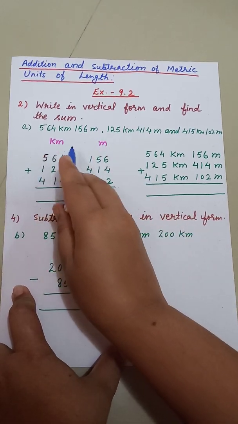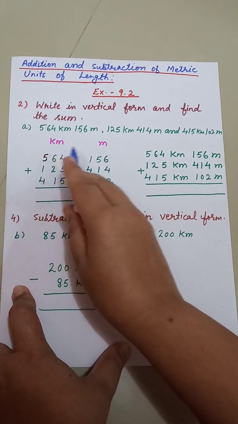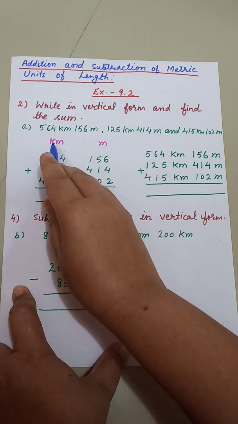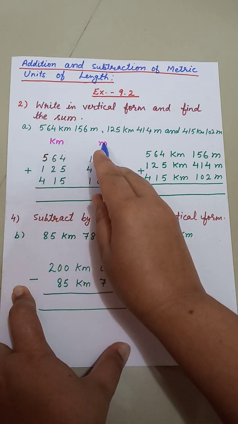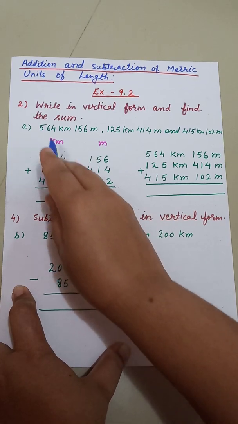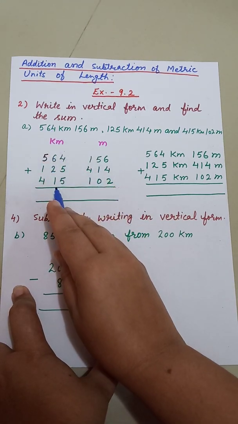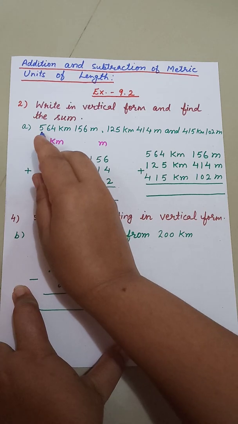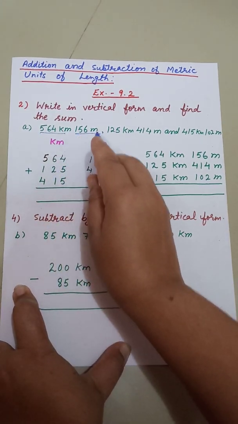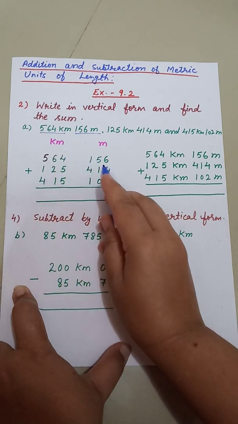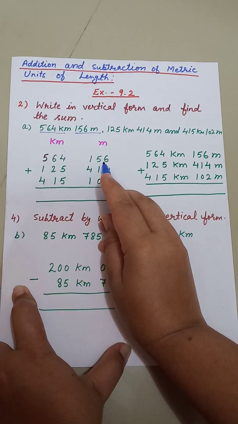See, I have arranged this question in two ways. First of all, I have written the units here, kilometer and meter. Then I have arranged these numbers according to the given units. You can see it is 564 kilometer and 156 meter. So it is 564 and 156.